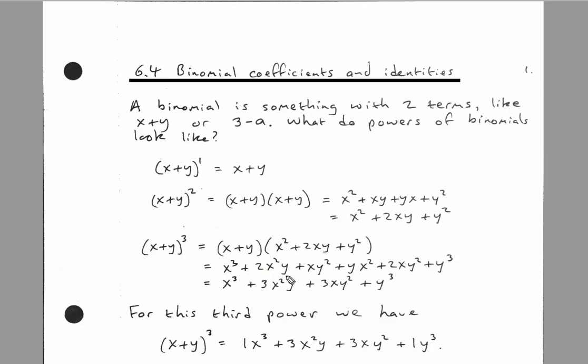And there are also some like terms here. So we have an x squared y, and this is another x squared y. So 2 plus 1, 3 of those. And then xy squared. So 1 xy squared plus 2 xy squared, that's 3 of those.